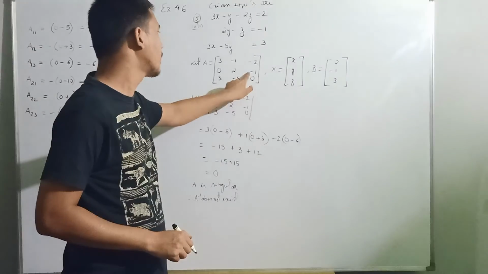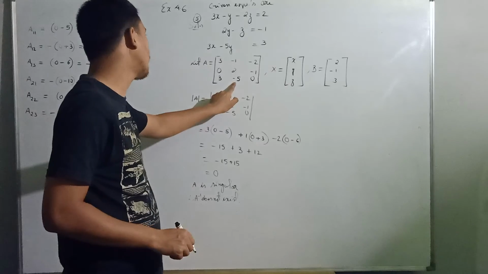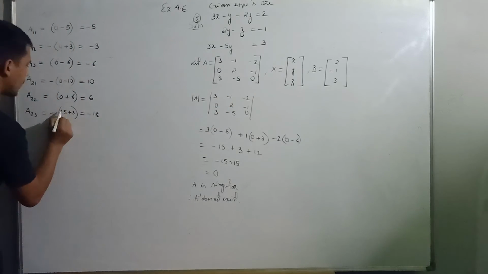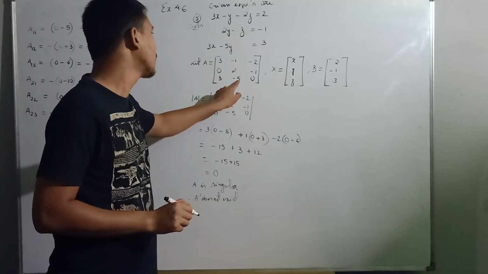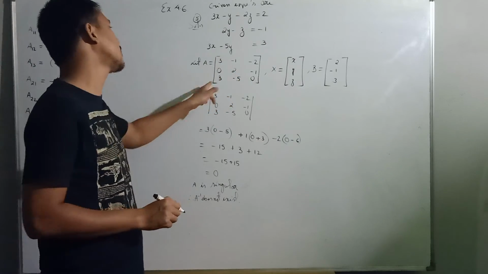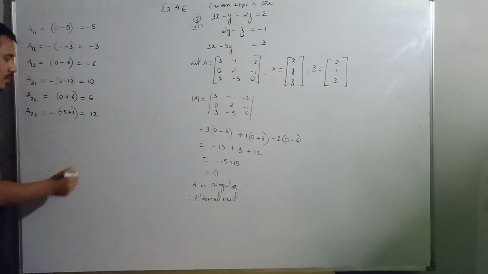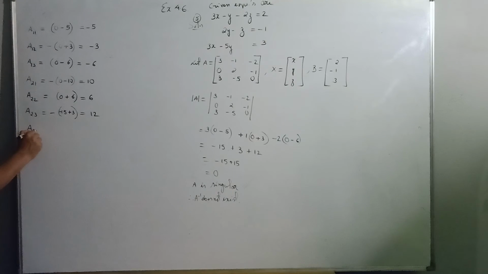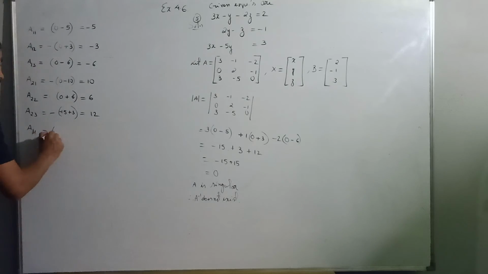Minor of this element: 3 into minus 5, minus 15, and then minus of 3 into minus 1, plus 3. That is minus 12, and minus into minus is plus 12. That gives A21, A22, A23. Now A31: 3 plus 1, 4, so positive.